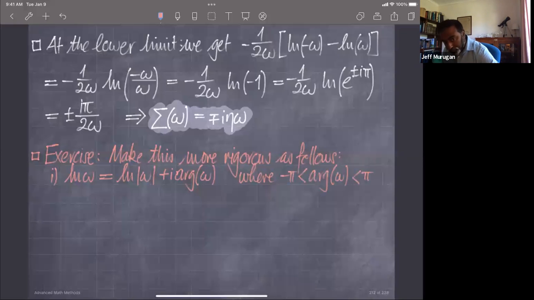Step 2 is give omega some small imaginary part.